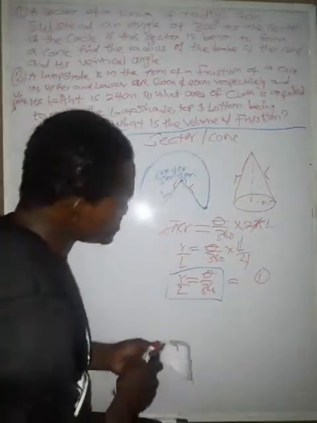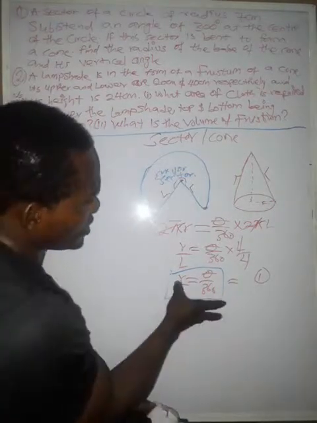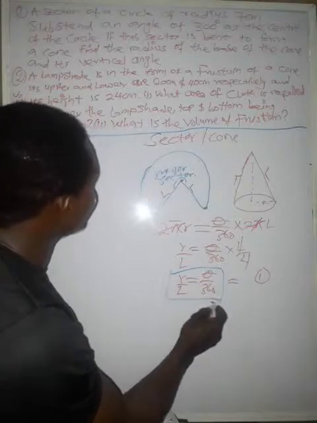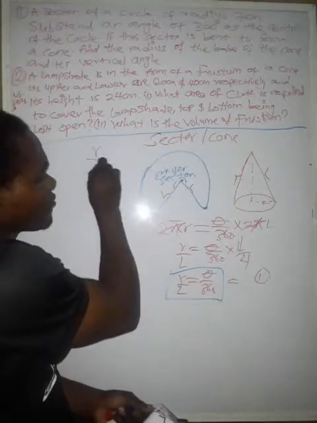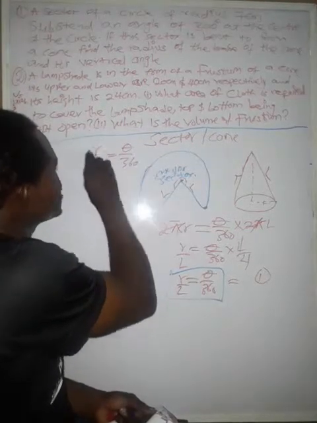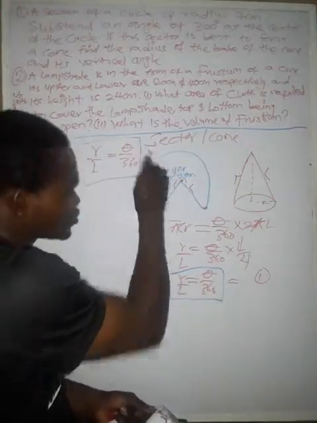Okay, I'm going to write this somewhere here. So we've proved that r over L equals theta over 360. Let's take note of this, our equation 1.